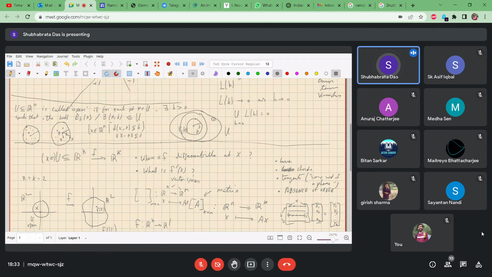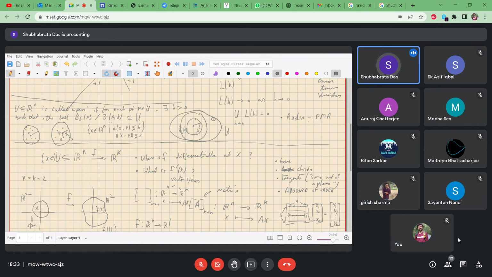I will mention Rudin's, I don't remember the title of the book, Principles of Mathematical Analysis, I think. Okay, Principles of Mathematical Analysis. This is a book from McGraw-Hill Publishers, I think.